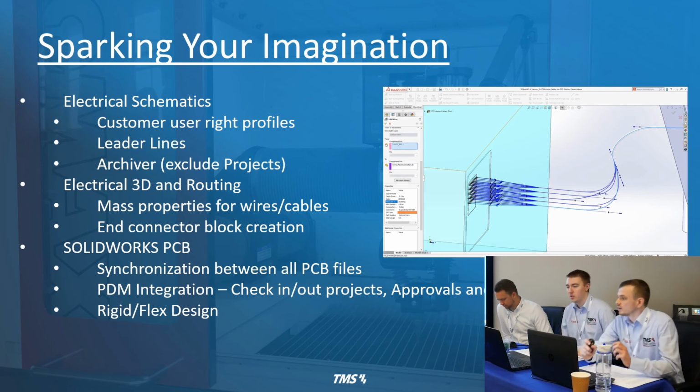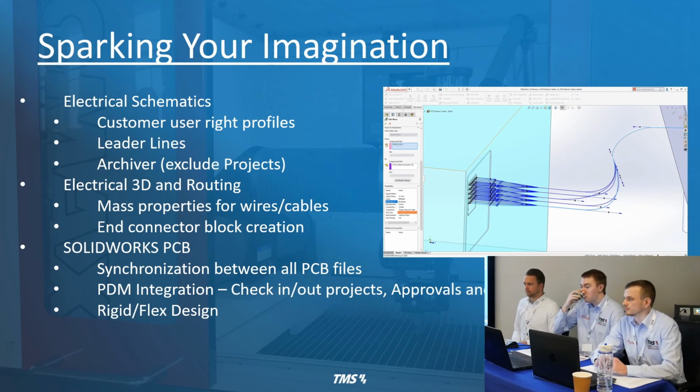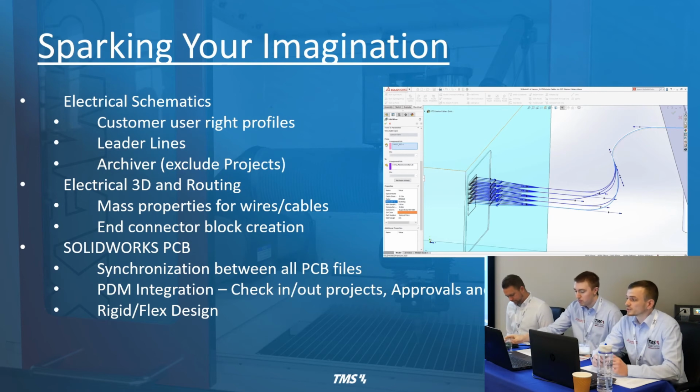Thanks for that, Craig. So yeah, now looking at SOLIDWORKS Electrical, jumping back to one of the SOLIDWORKS products themselves. We've broken this down into three main sections for you. We're going to have a little look to begin with at electrical schematics and some of the enhancements that came with that. We're then going to follow that up with electrical 3D and routing.